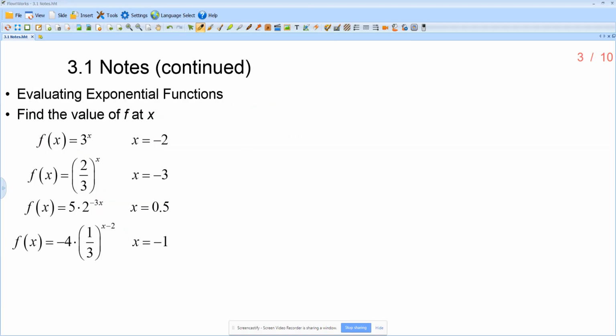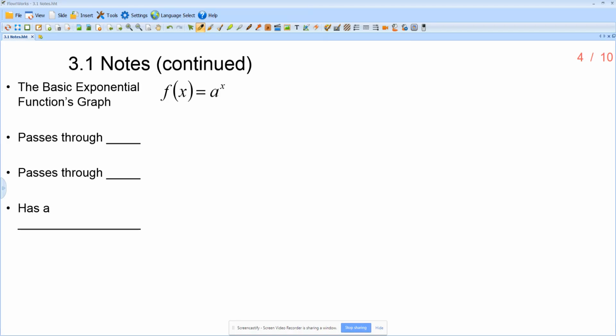All right, we'll talk about some of these examples. To talk about the graph, I'm just going to draw a little sketch real quick. The basic exponential function is always going to pass through the point (0, 1). If I substitute 0 into this, I'd have a to the 0 power, and anything to the 0 power gives me 1.